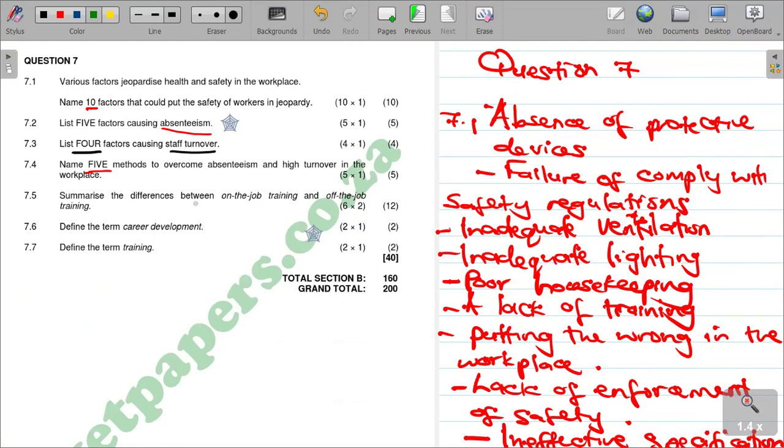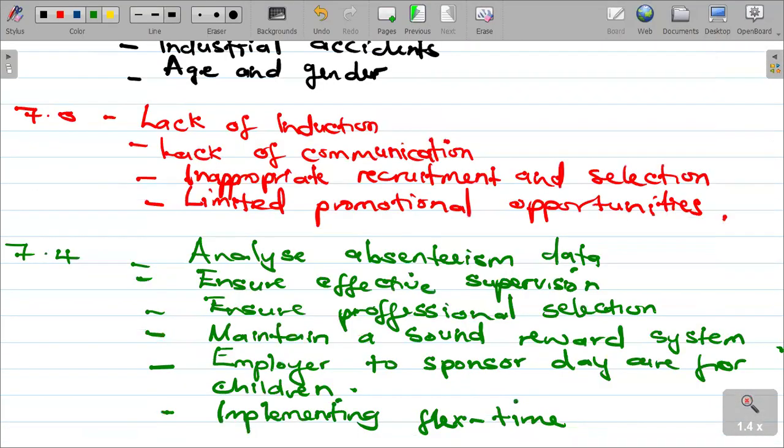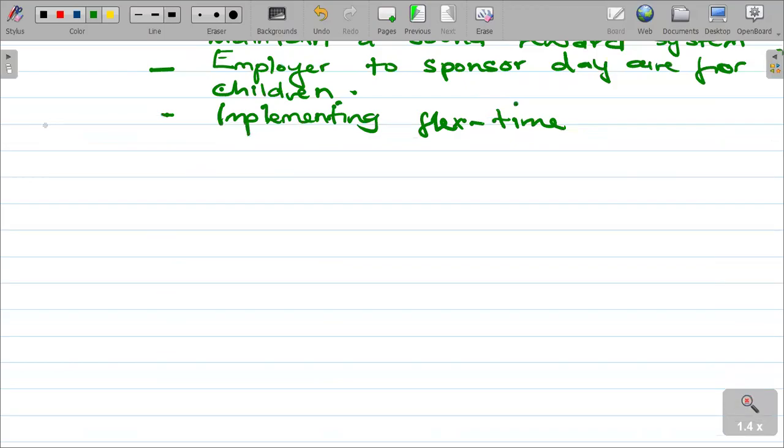Summarize the difference between on the job and off the job training. Right. So we're going to start by discussing off the job and then we'll discuss on the job.